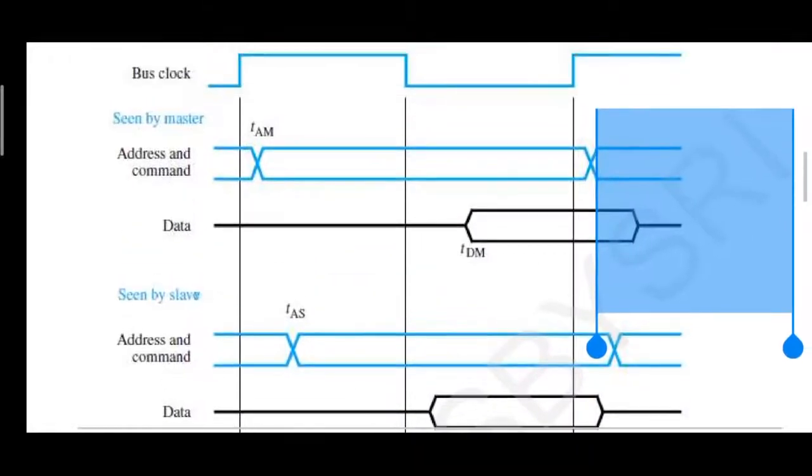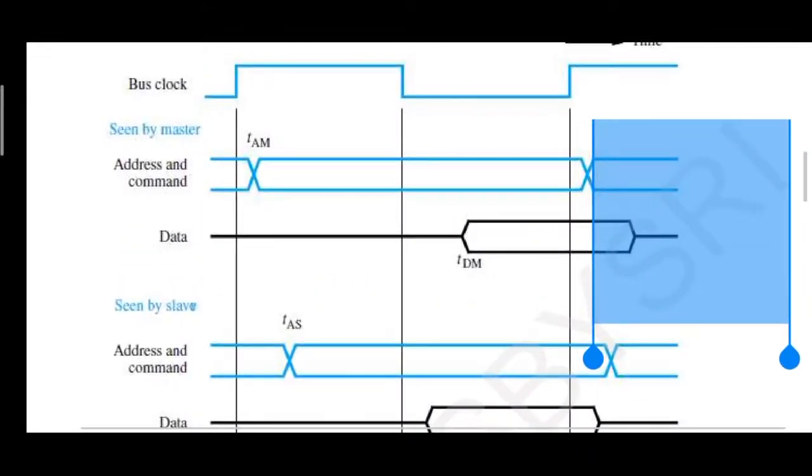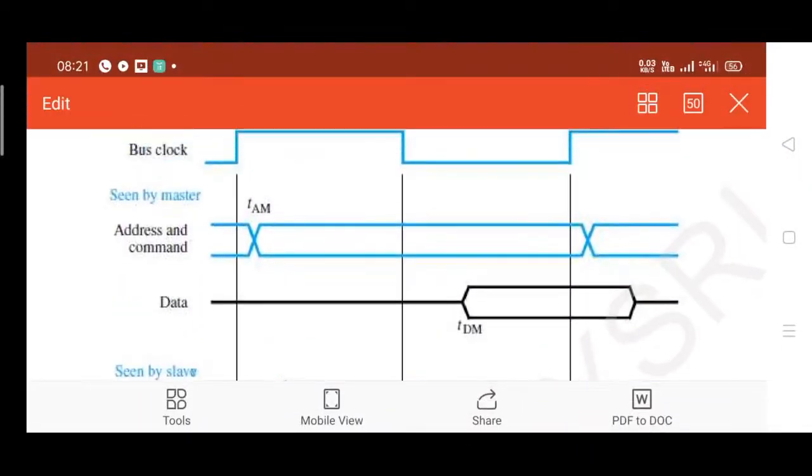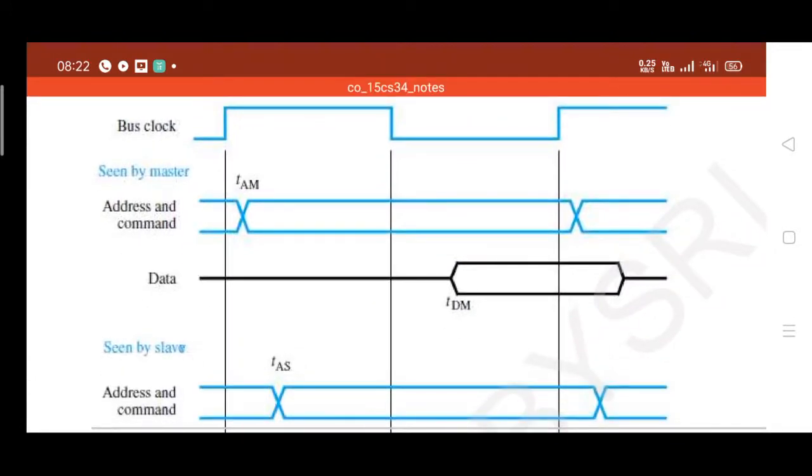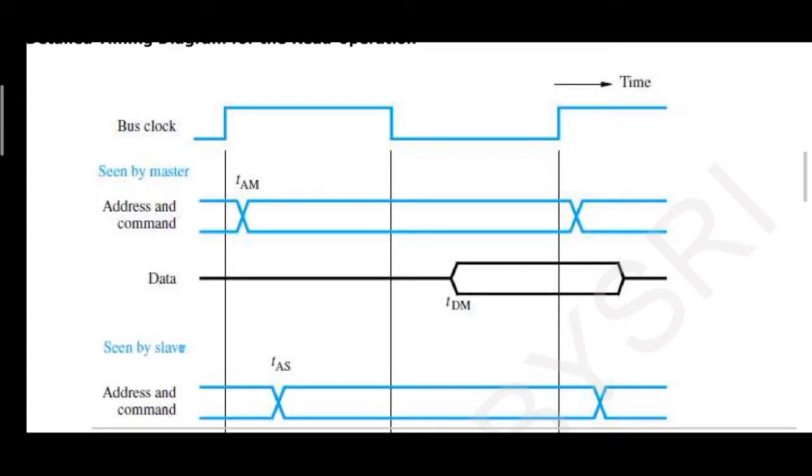A master-slave configuration is given: one sender, one receiver, master and slave. The common bus clock is used for both devices, sender and receiver. Address and command as seen by the master start at the interval t.am.